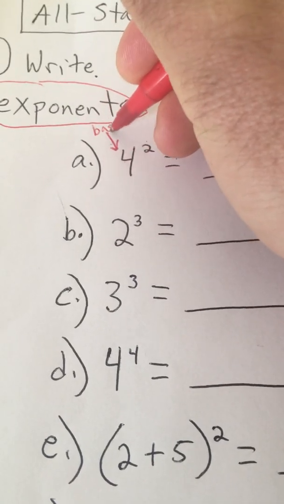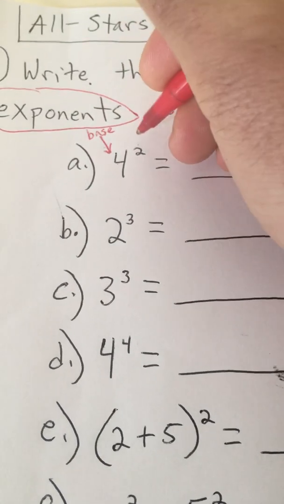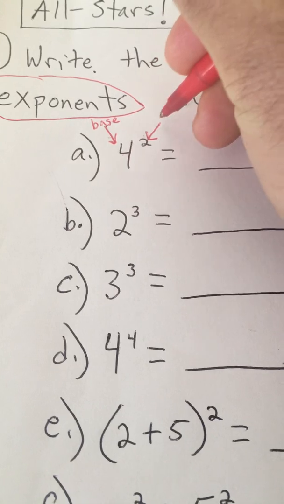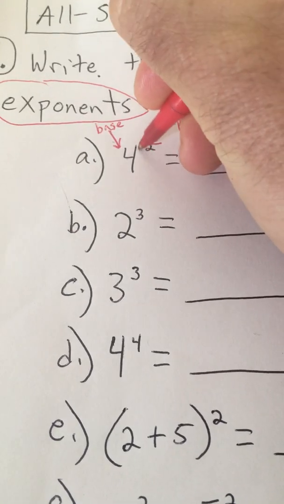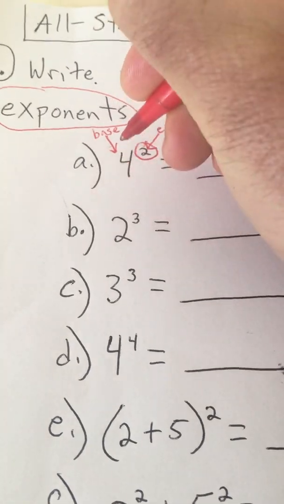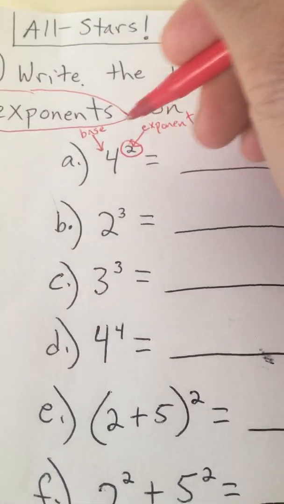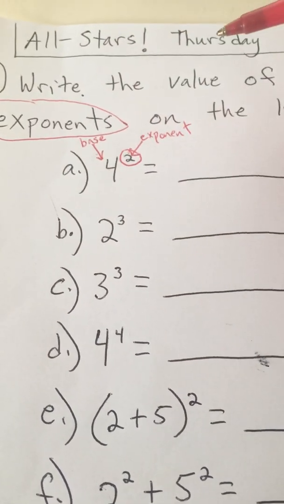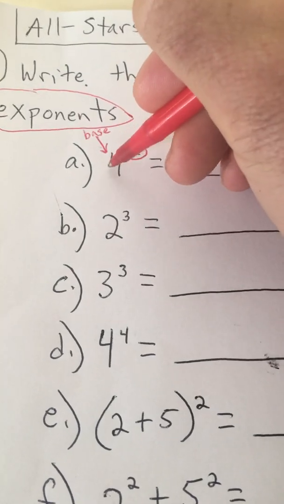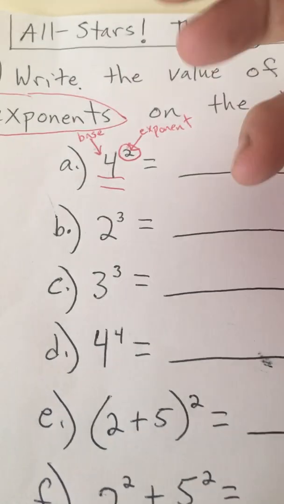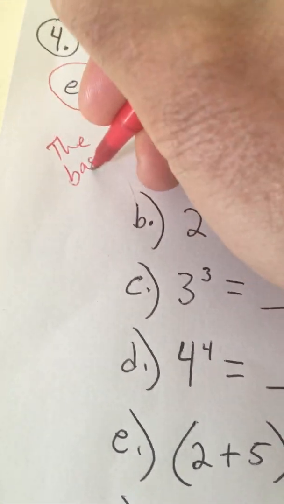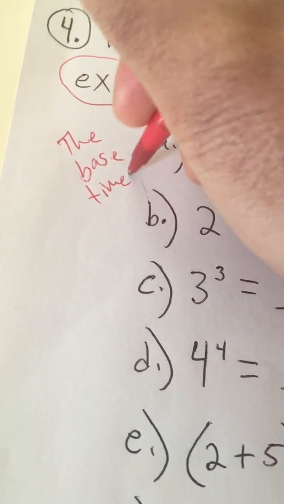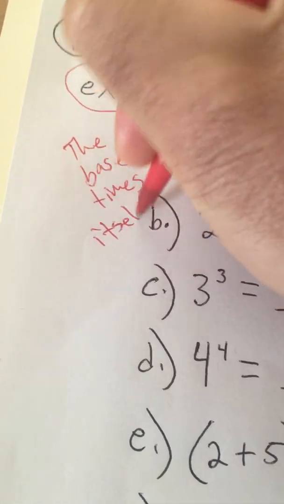So this would be the base, the whole number 4, and then the exponent is the little one that's up above it. What this little exponent means is that you're going to multiply the base times itself that number of times, 2 times. That's the important part: the base times itself.